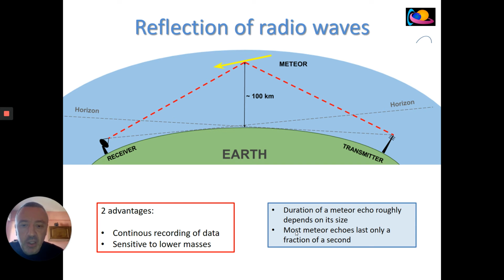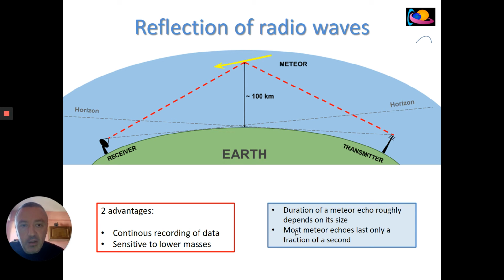There are two advantages of radio observations over optical observations. The first one: with optical observations, whether you use your eye or sensitive video cameras, you are limited by the fact that you have to observe at night, of course. And second, you need clear skies, without any clouds, because the meteor phenomenon, the visual phenomenon, occurs at altitudes of 90 to 100 kilometers typically, so well above the clouds.